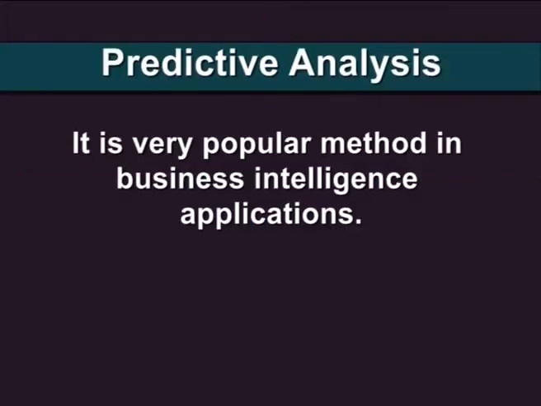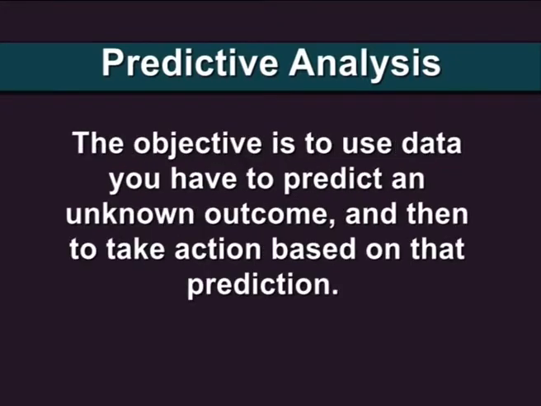It is a very popular method in business intelligence applications. The objective is to use data you have to predict an unknown outcome and then to take action based on that prediction. The important statistical measures used for the analysis of data research can be discussed like this.